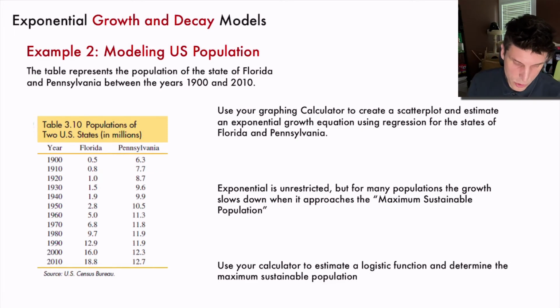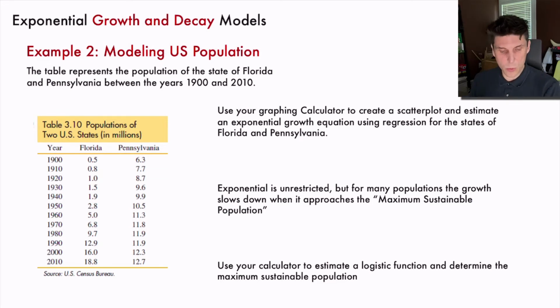Exponential is unrestricted, but for many populations, the growth slows down when it approaches the maximum sustainable population. So what they want us to do is use the calculator to estimate a logistic function to determine the maximum sustainable population. First we're going to go exponential, and then we're going to see if it would fit better with a logistic regression. That's basically the moral of the story. So why don't you try to do that on your own?